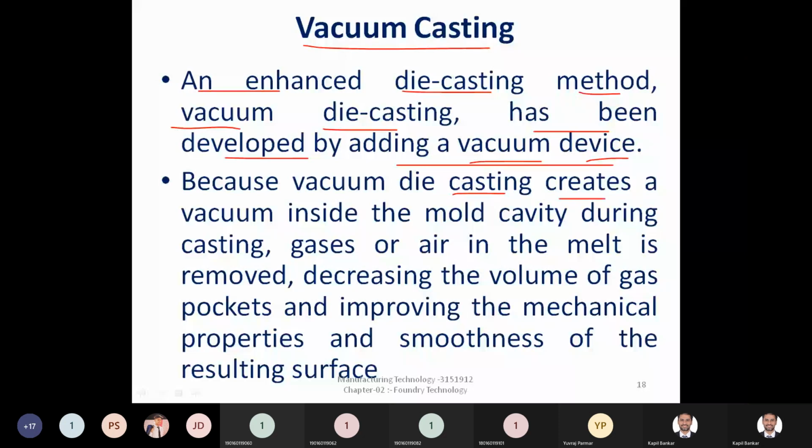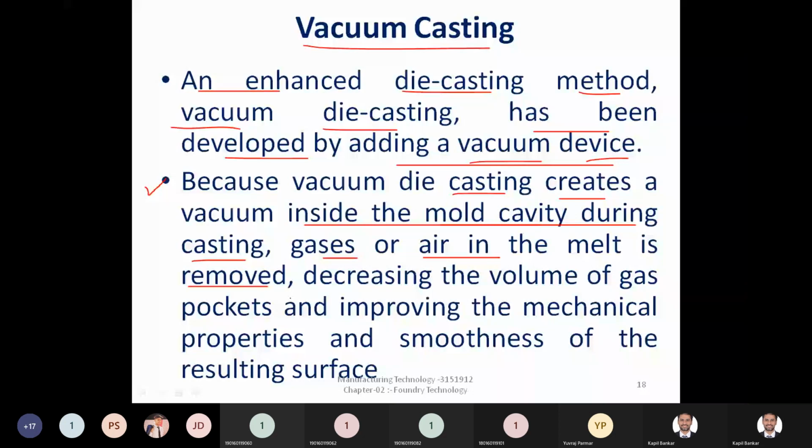So first of all, you must create a vacuum effect between this mold, and with the vacuum inside the cavity, gases or air in the melt are removed. Whatever amount of gas or air is there will be removed.